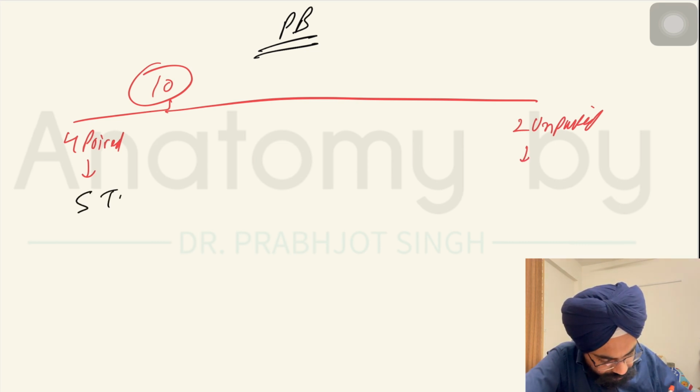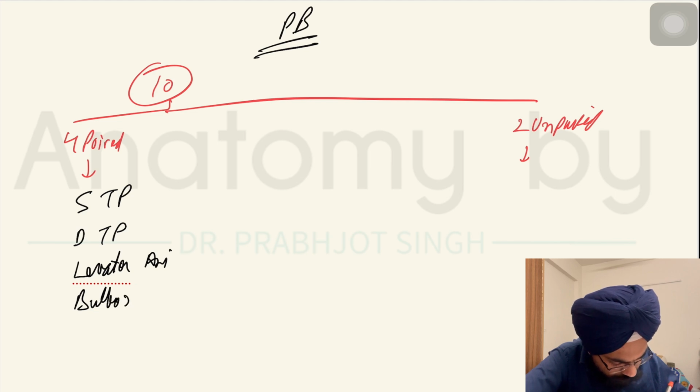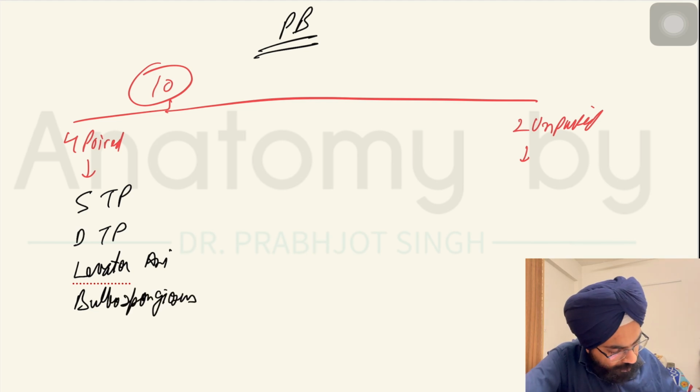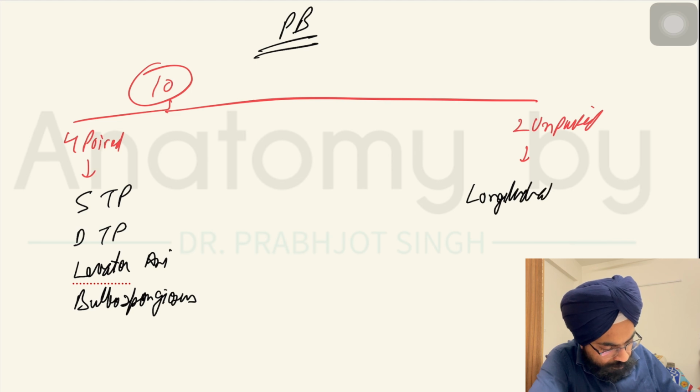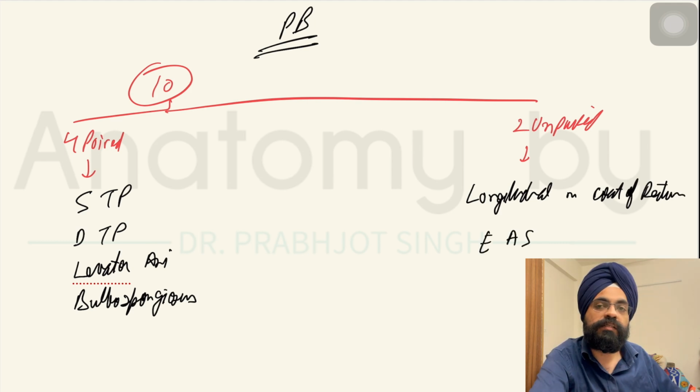Paired muscles are superficial transverse perinei, deep transverse perinei, levator ani, and bulbospongiosus. And the unpaired muscles are basically the longitudinal muscle coat of rectum and external anal sphincter.